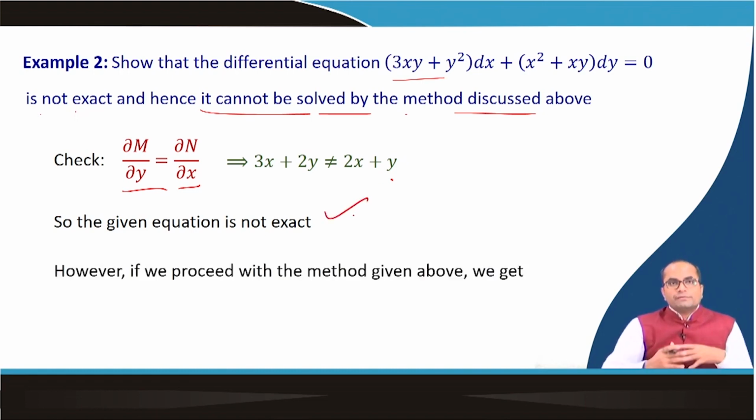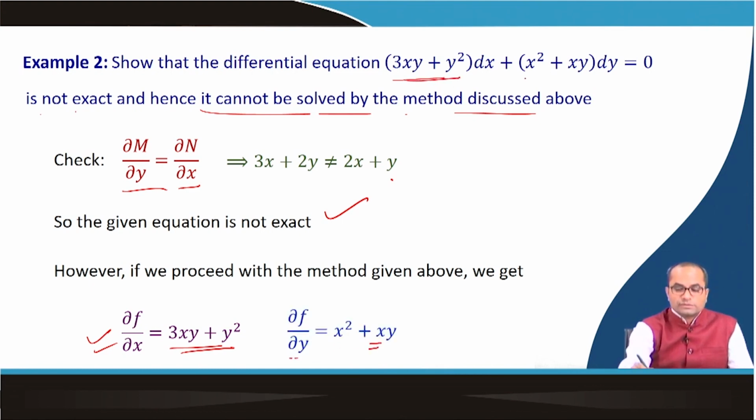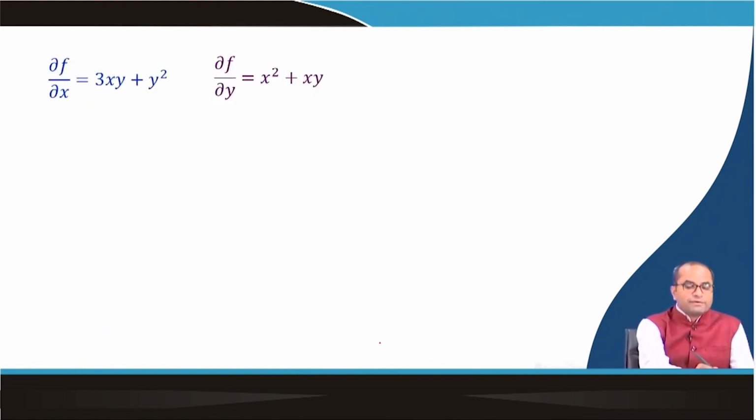And now, if we follow the approach which we have done in the previous example, where we were trying to find f, what will happen if we apply the similar technique here, where we will find the problem. So, here del f over del x, if we set equal to M for instance, and del f over del y we set equal to this N, x square plus xy, and try to get f out of it.